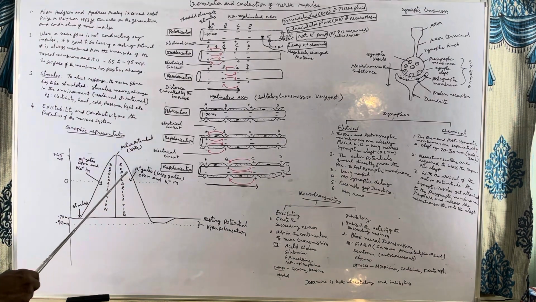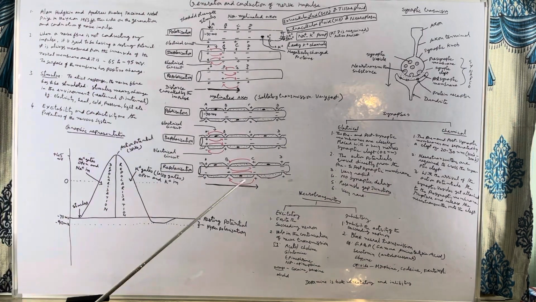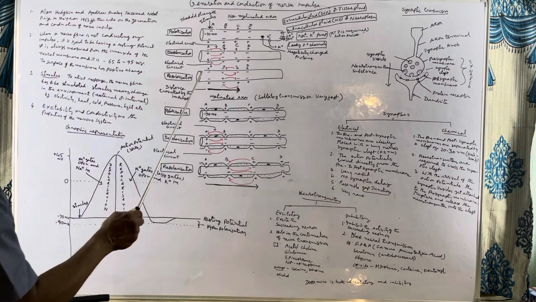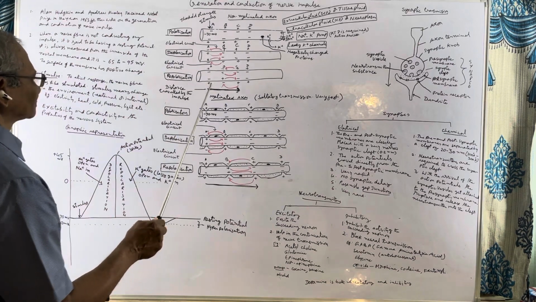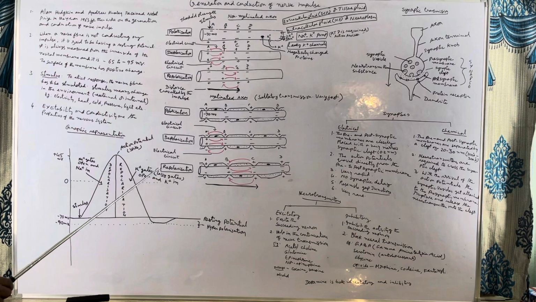Then the voltage gated potassium channels open, and potassium ions rush out from here to here. Because of the outflux of the potassium ions, repolarization occurs.